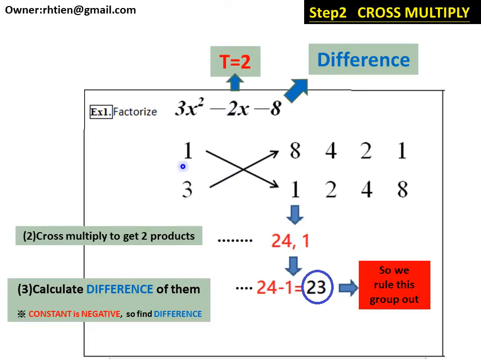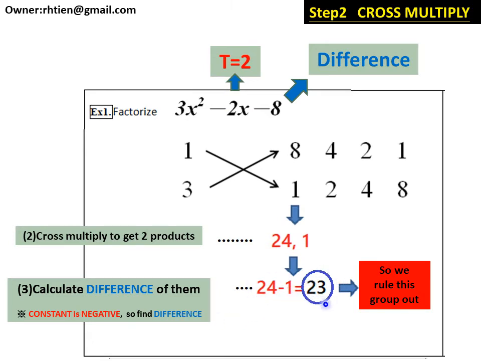T is 2. Difference. And we cross multiply to get 2 products. It means 1 times 1 we get 1, 3 times 8 we get 24. And we calculate the difference of them. Remember, because the constant is negative, we find the difference. The difference is 23.